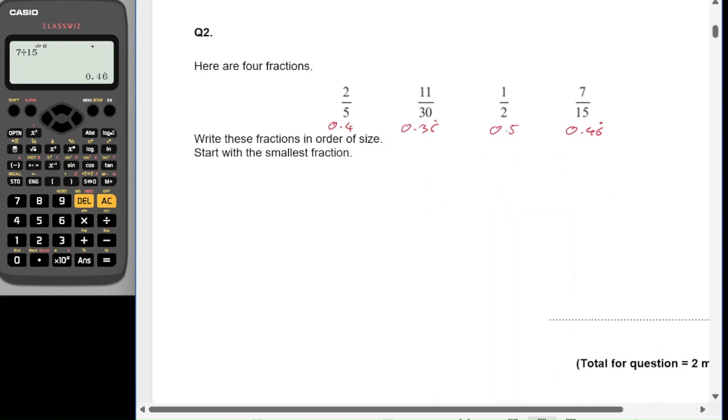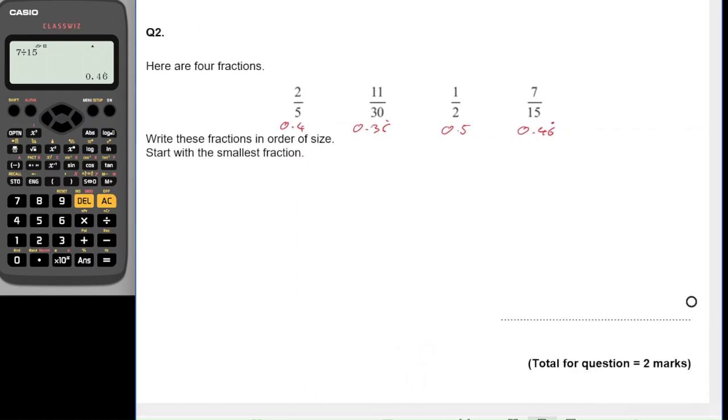They have a habit of throwing that in. So 36 over 100 would be 0.36, and then it looks like these are the same size as this one, but this one would be larger because of the recurring. So in size order, starting with the smallest, we are looking at 11/30, followed by 2/5, followed by 7/15, and then finally we've got 1/2.